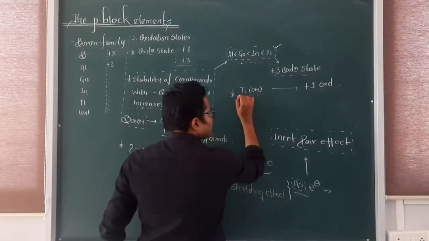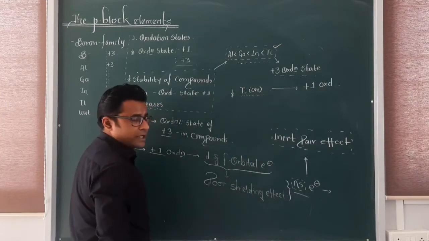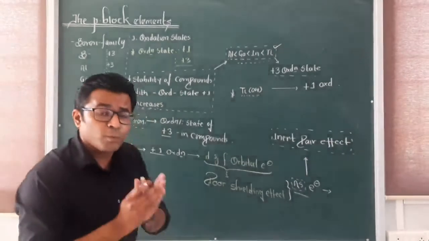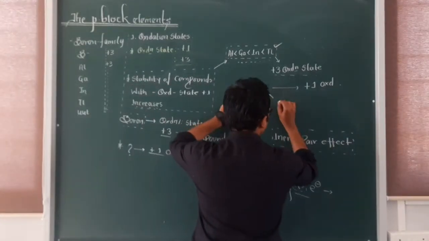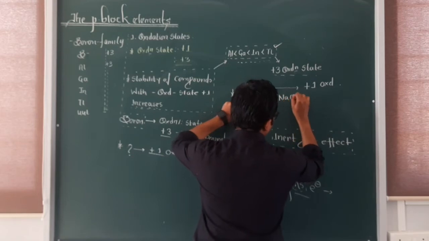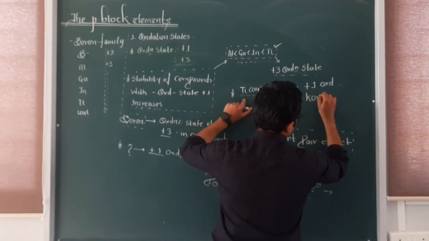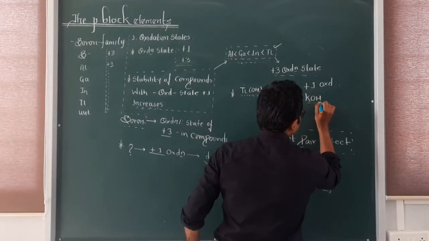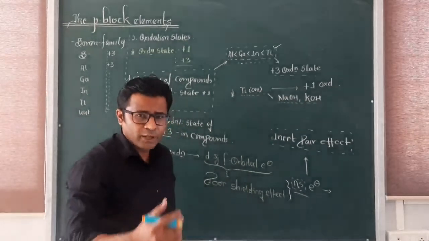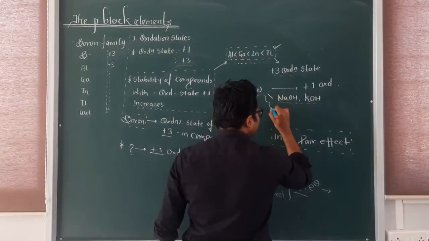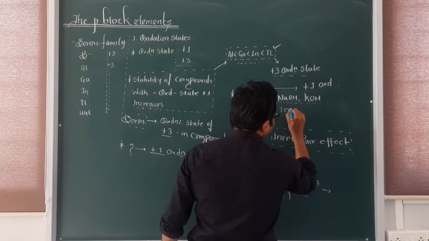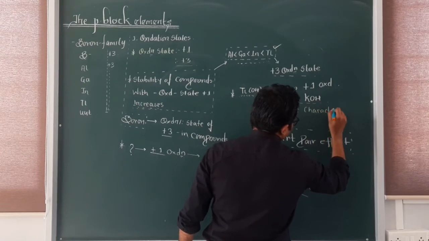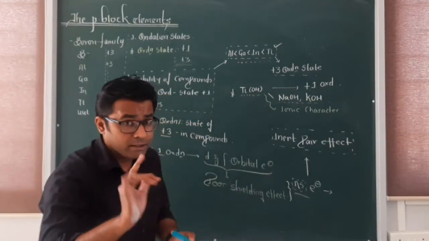Now, thallium hydroxide, which exhibits a +1 oxidation state, shows properties very similar to those of NaOH, KOH, etc. In short, it is exhibiting an ionic character, or I can say an ionic nature.